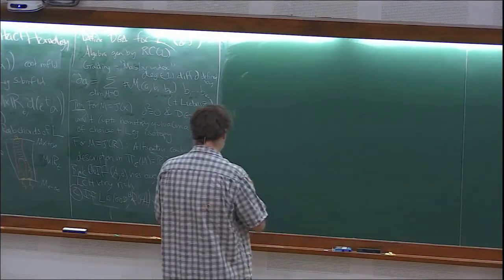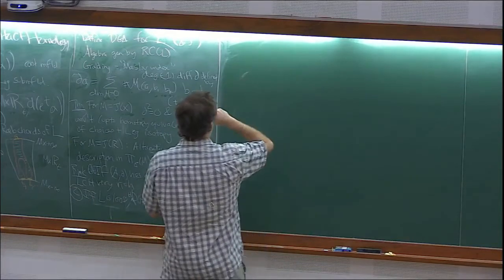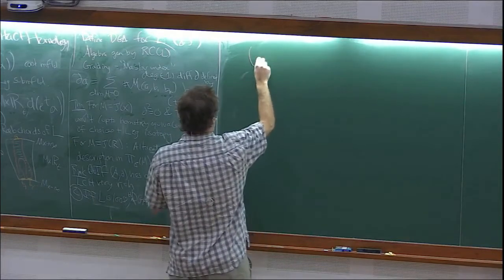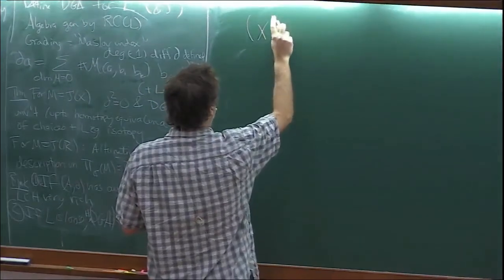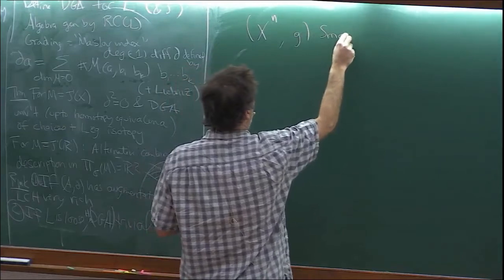So where to begin? Okay. Supposing we have now not just a smooth manifold, but a metric. So a smooth Riemannian manifold.